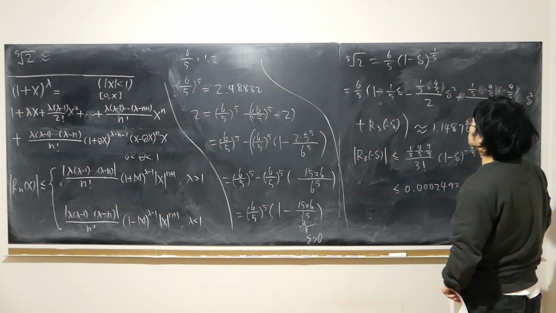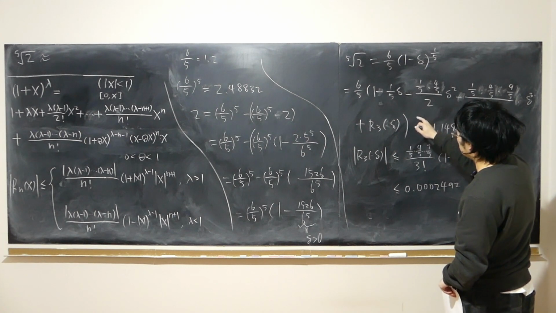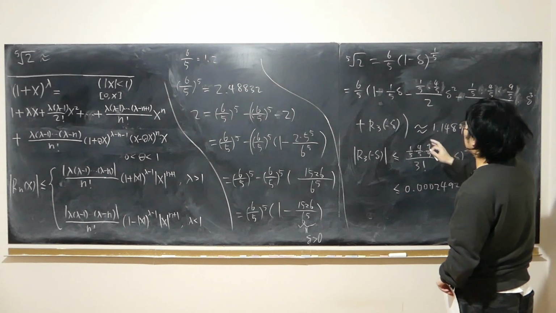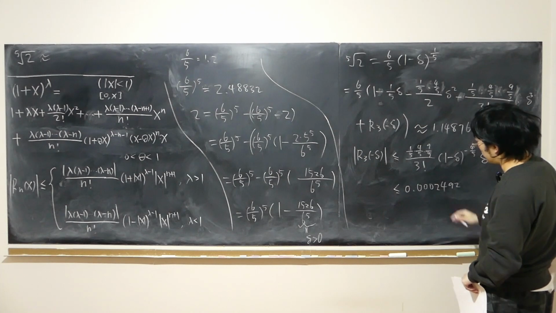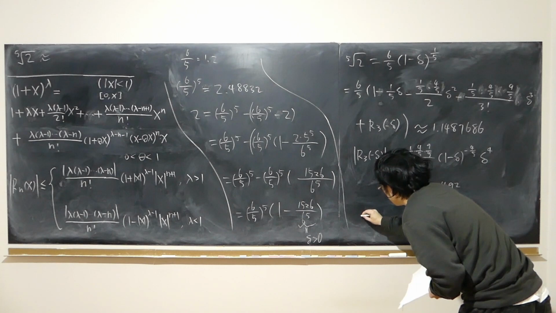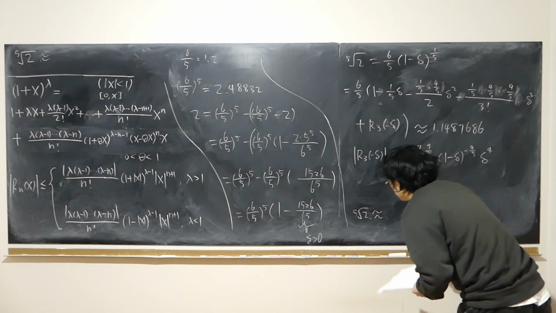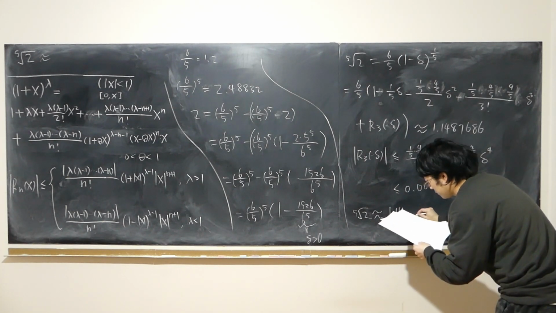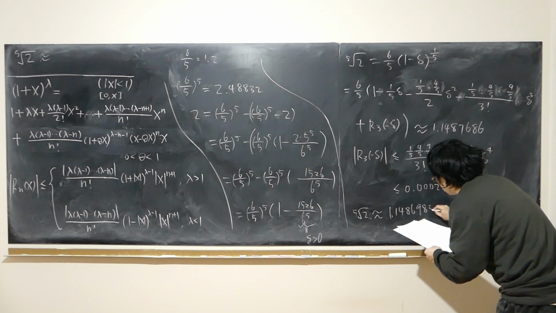Which means the estimated value of the fifth root of 2 and the actual value of the fifth root of 2, their difference is no larger than this value. Already very precise, right? According to the calculator, the actual value of the fifth root of 2 is just 1.1486983.